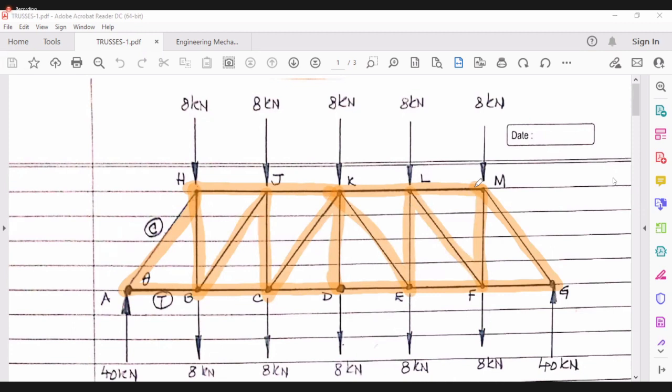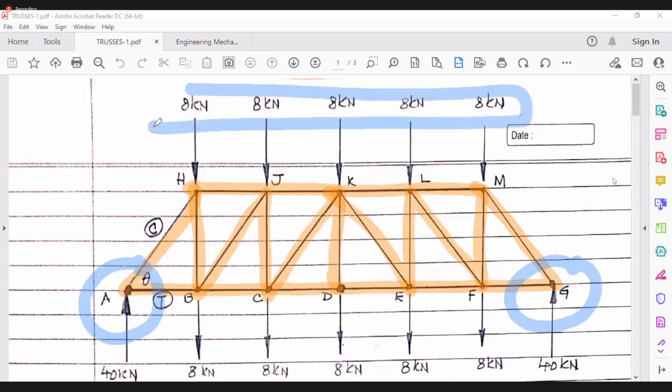This truss is supported here and here. And these are the forces acting upon it. Please note that every force is acting upon a joint. Am I right?